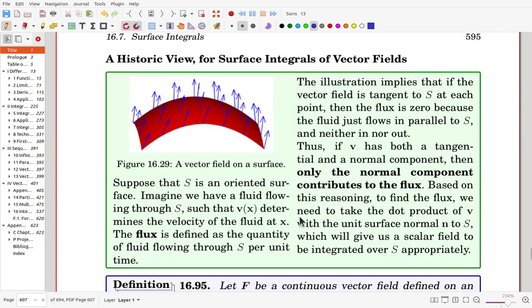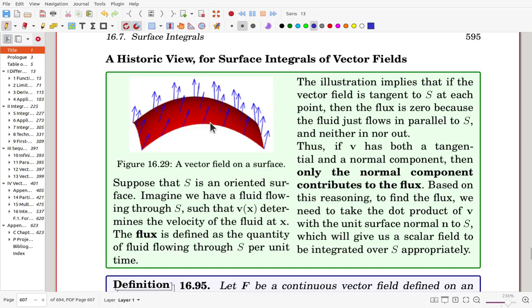We have a physical view for surface integrals of vector fields. When the vector field is the velocity of a fluid, then the flux is the fluid passing through the surface.